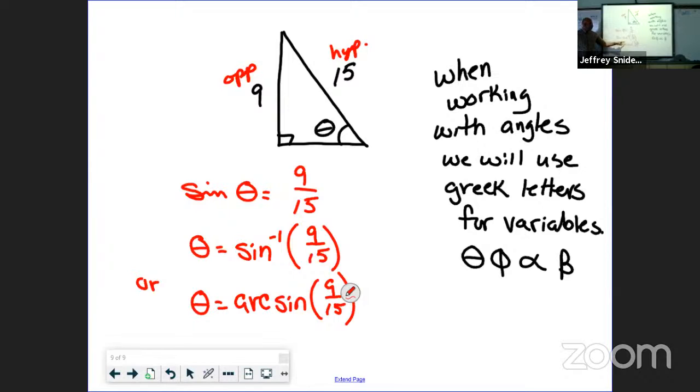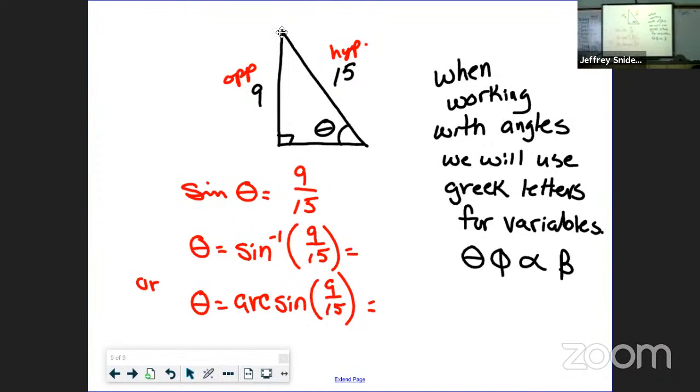So when you're finding the measure of an angle, you're also finding the measure of an intercepted arc. That's the other reason. Both of these are okay, so you might see me write it like this or like this. So now we have to go to our calculators again.